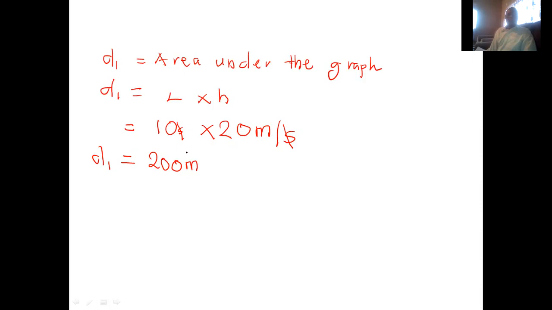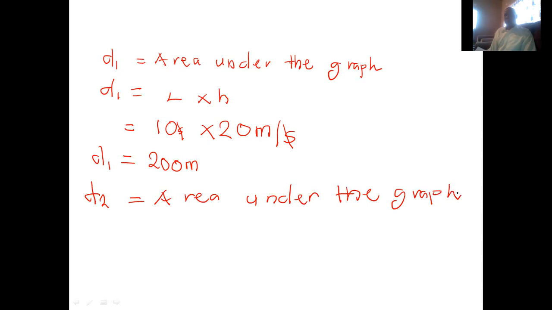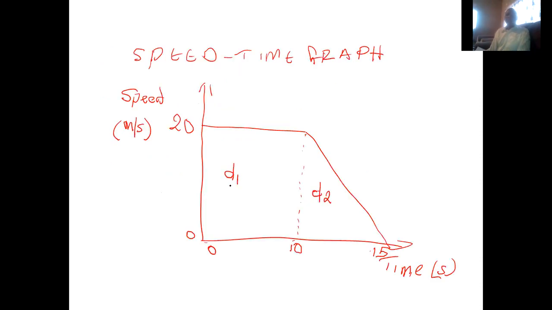And so distance 2 should also be the area under the graph. In our case, you notice that for distance 2, the area under the graph is a triangle. We know the area of a triangle is half base times height.